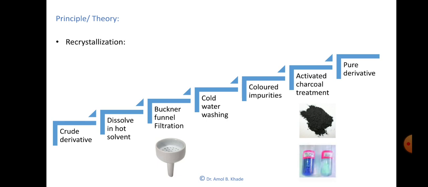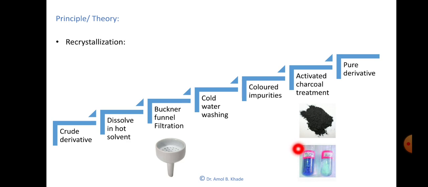This is a very popular method, and you can see in the figure the bluish crude derivative was converted into a sky blue pure derivative. The dark blue color is nothing but the colored impurities.